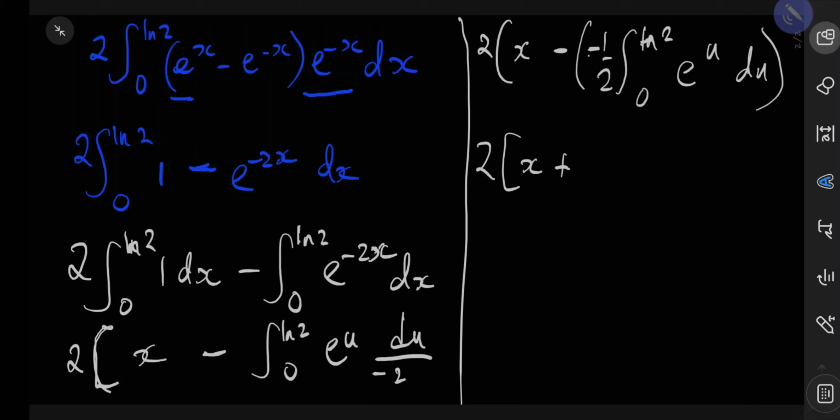e^u, but remember that our u is minus 2x, so we're going to replace our u with minus 2x. So now we have e raised to power minus 2x all over this 2.